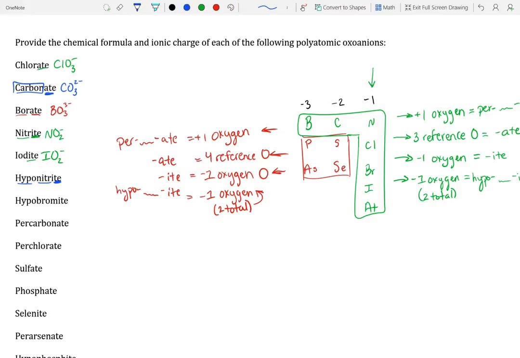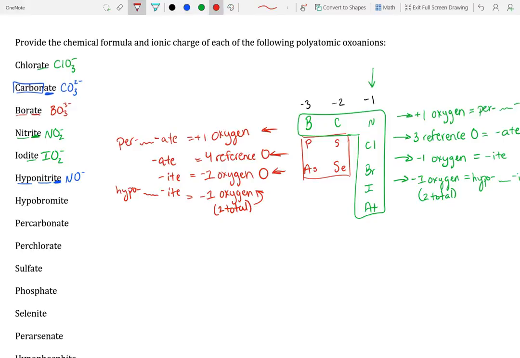So 2 oxygens have been removed from the reference amount of oxygens in nitrate, right? So nitrate normally has 3 oxygens. The prefix and suffix tells us that there are 2 oxygens that have been removed, right? So this should be NO, just NO, and then charge negative 1, right? Charge stays the same. Doesn't matter how many oxygens you remove or add, right?